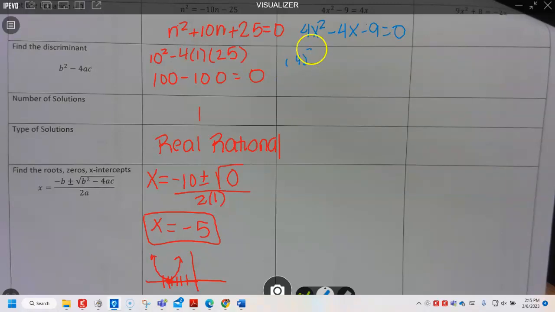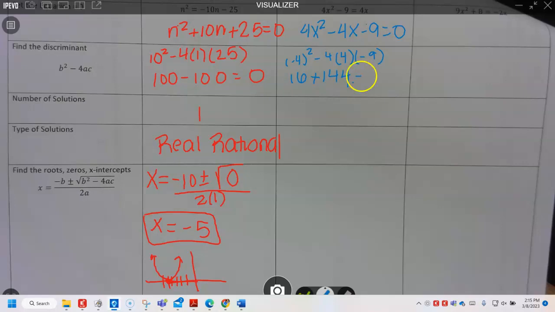Discriminant: (negative 4) squared is 16, minus 4 times 4 times negative 9. 16 times 9 gives 90 and 54, which is 144. 16 plus 144 is 160.